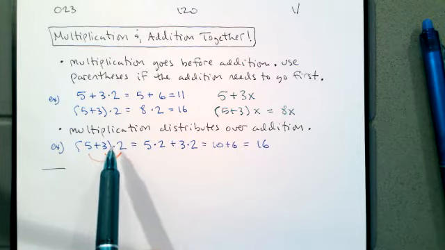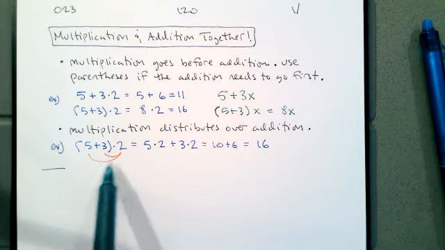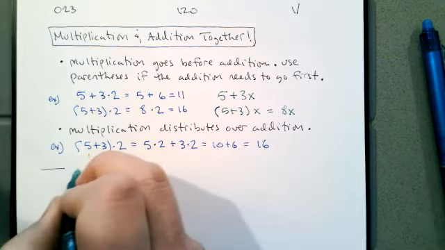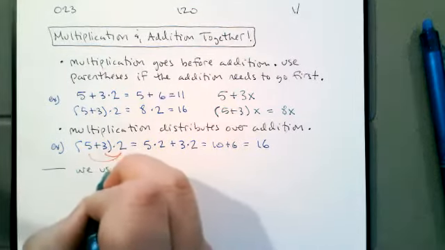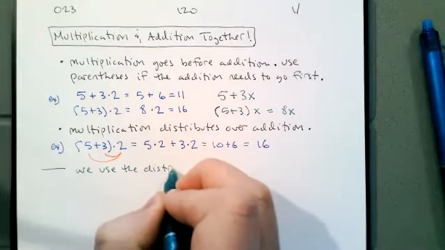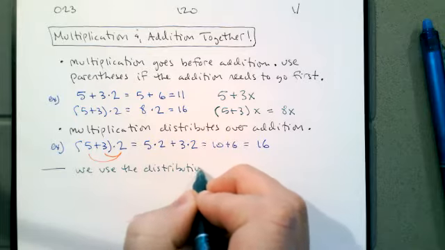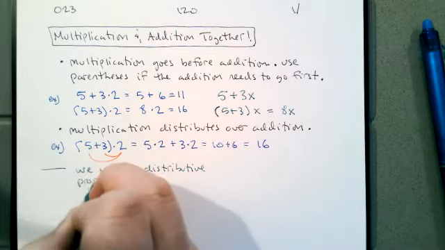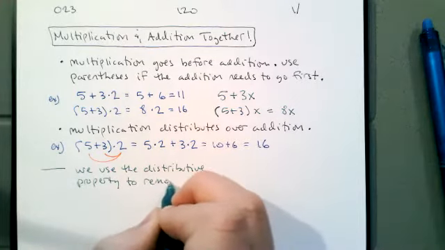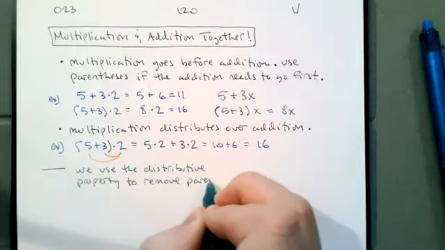If I have 5 and 3 in parentheses, I can use the distributive property to remove the parentheses. So we think about it by saying we use the distributive property to remove parentheses.